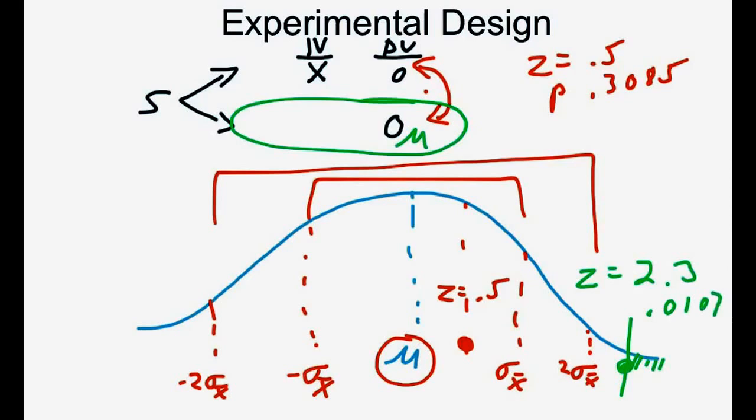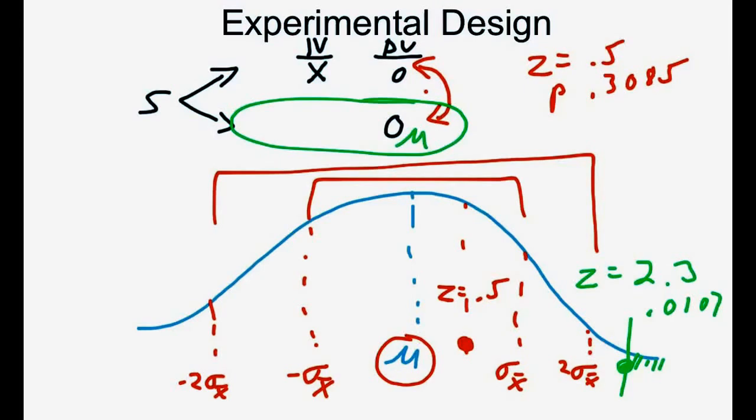Okay, that means there's about a 1% chance, one time out of 100, would we find a sample whose individuals are all so extreme that their average score is 2.3 standard errors away from mu.